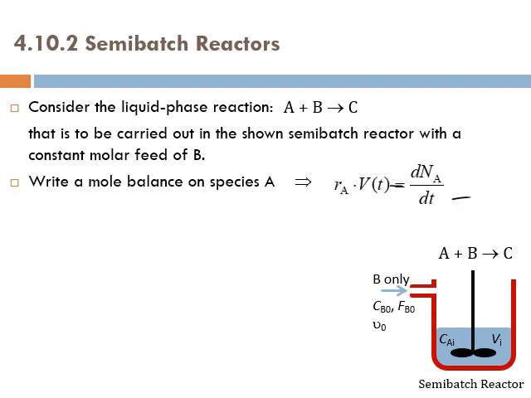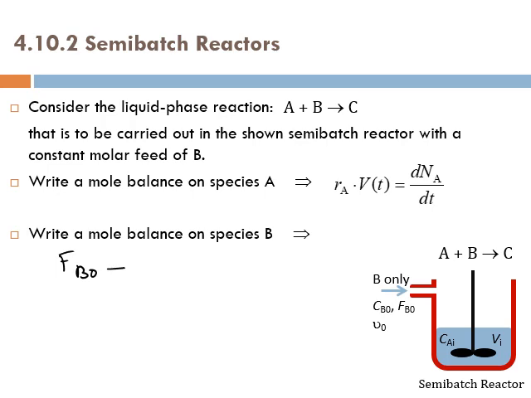Okay, so that's for A. And please note that as we add B to the reactor, the volume starts increasing. So V is a function of time, right? Okay, let's now write a mole balance on species B. So looking at B, you have B coming into the system, right? So you have input, so that is FB naught minus, you have B going out?